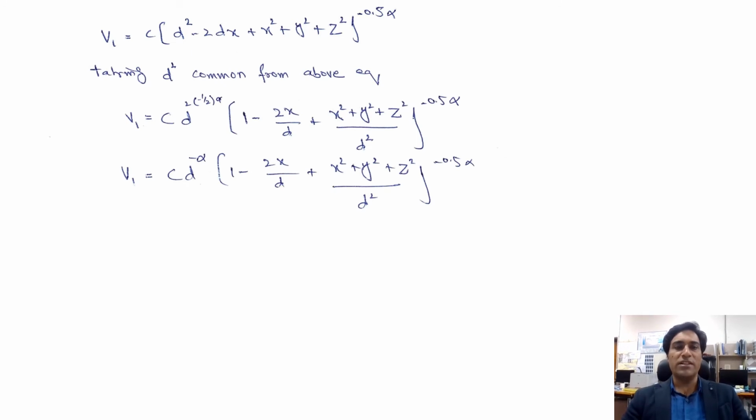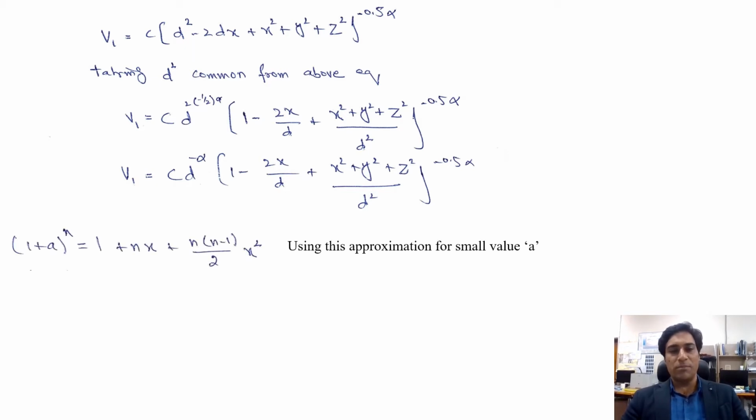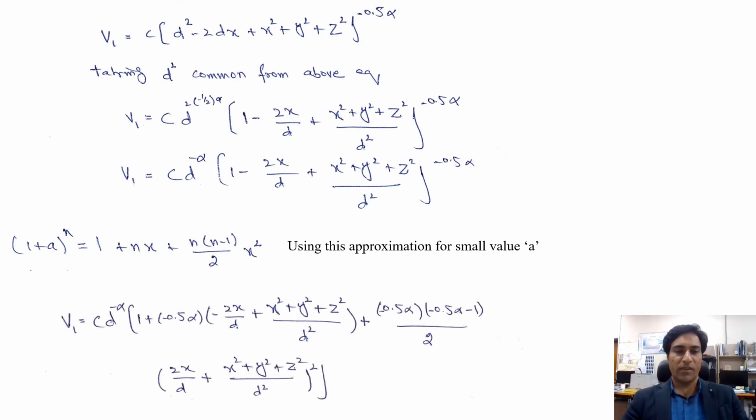Taking d squared common from this equation, this is just the simplification, we get V1 equals C d to the power minus alpha into (1 minus 2x over d plus (x squared plus y squared plus z squared) over d squared) to the power minus 1 over 2 alpha. Using the approximation for small a, (1 plus a) to the power n is equal to 1 plus na plus n(n minus 1) over 2 into a squared.